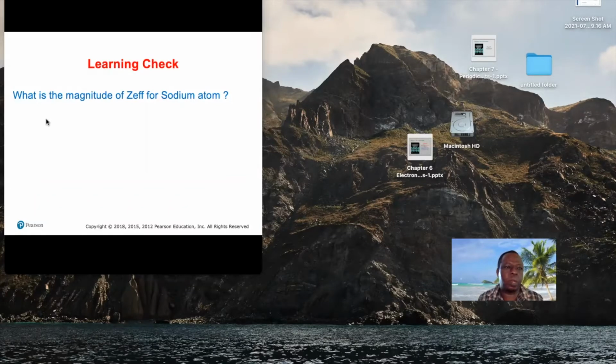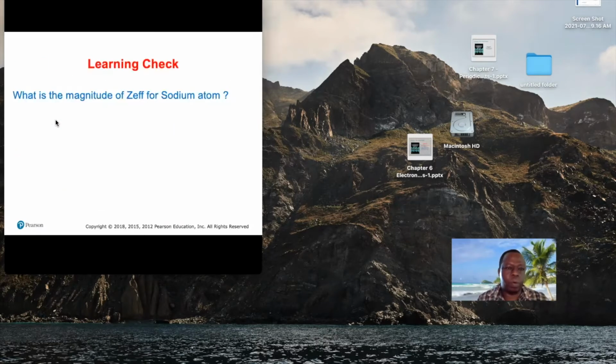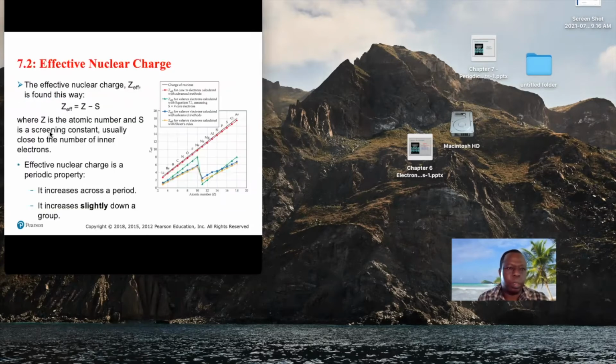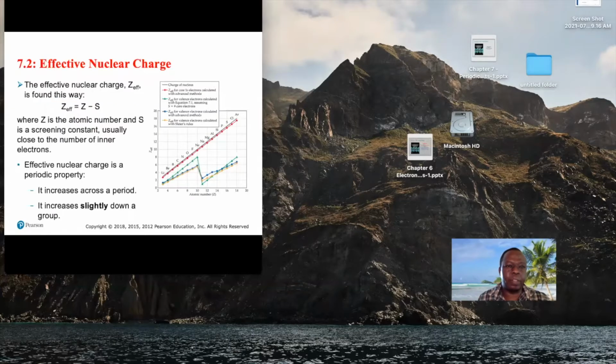You can use the equation we looked at earlier for calculating the Z effective. Z effective is given by the atomic number for the element in question, which for the sodium atom is 11, minus the core electrons.